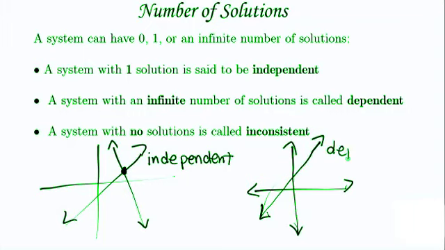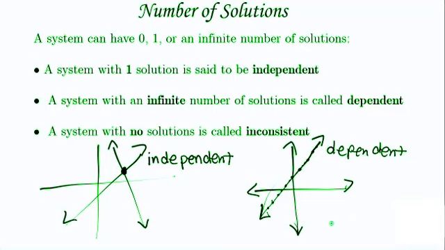So this would be dependent. The reason there's an infinite number of solutions is that since these are the same line, any point along this line, which goes on infinitely long, is going to satisfy both of those equations. So this is a dependent system and it has an infinite number of solutions.